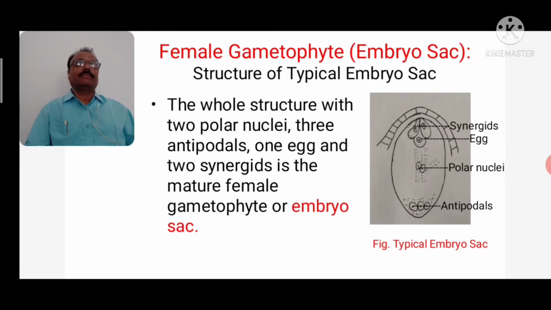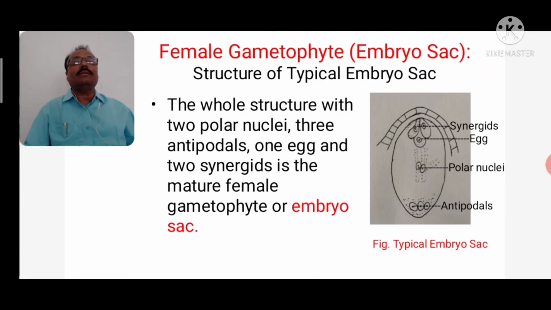Female gametophyte, embryo sac. Structure of typical embryo sac. The functional megaspore represents the first cell of the female gametophyte. It is mostly chalazal and grows mainly along the micropylar chalazal axis.